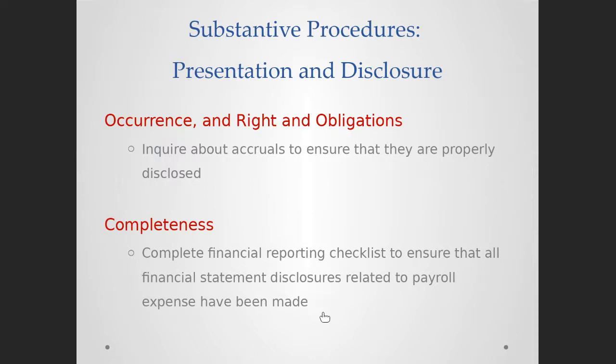So as an auditor, you have to complete the checklist to make sure that you have checked each one of these items for proper disclosure. Okay? Are you following? Are you with me? Okay, very good.